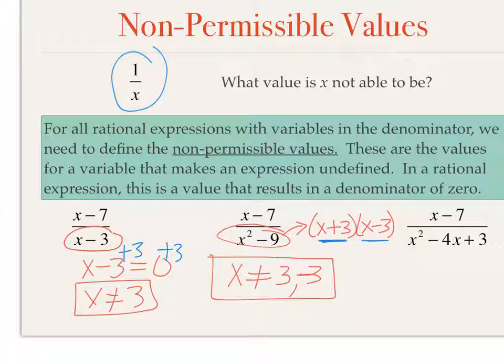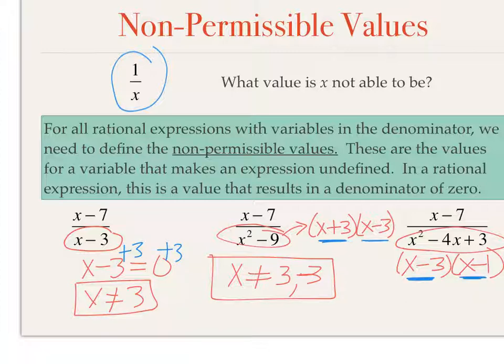And like I said, this technically I would factor down at the bottom on this last one. You will never have to factor like this, but if you did, you would get x minus 3, x minus 1, and that means that there's two non-permissibles there as well. There's one for each factor.